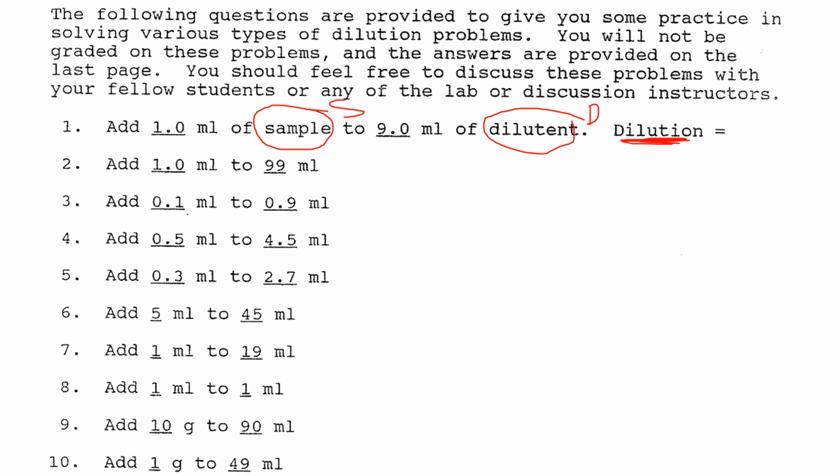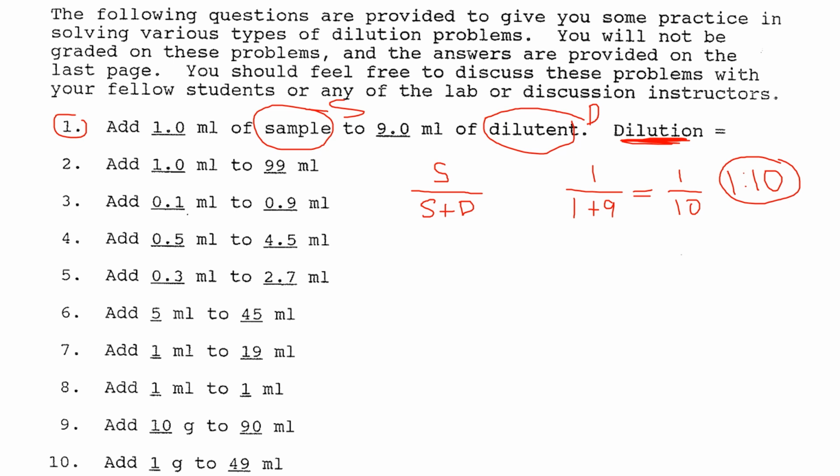A simple formula you can use is S, the amount of sample, over S plus D, the amount of sample plus the amount of diluent. So for problem 1, you would do 1 over 1 plus 9. That's a 1 over 10 dilution, so a 1 to 10 dilution.